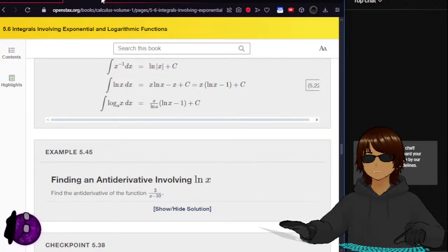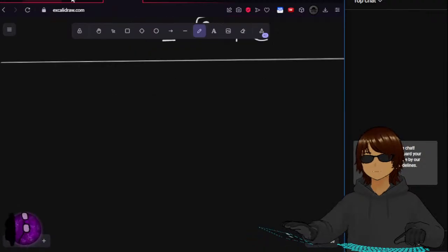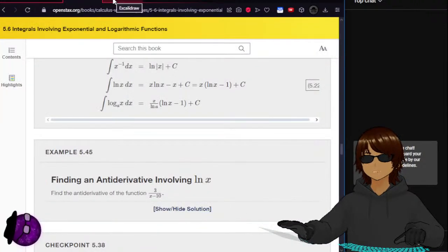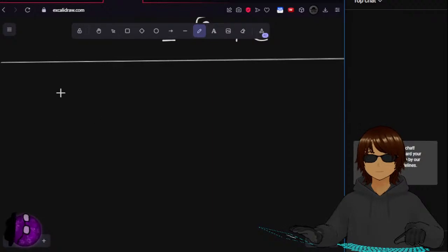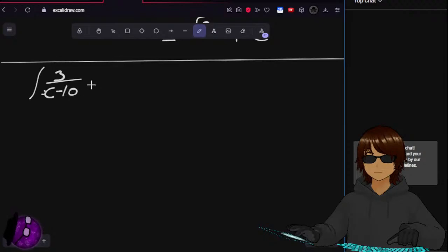So, finding an antiderivative involving ln of x. Find the antiderivative of the function. They're asking for this, right?